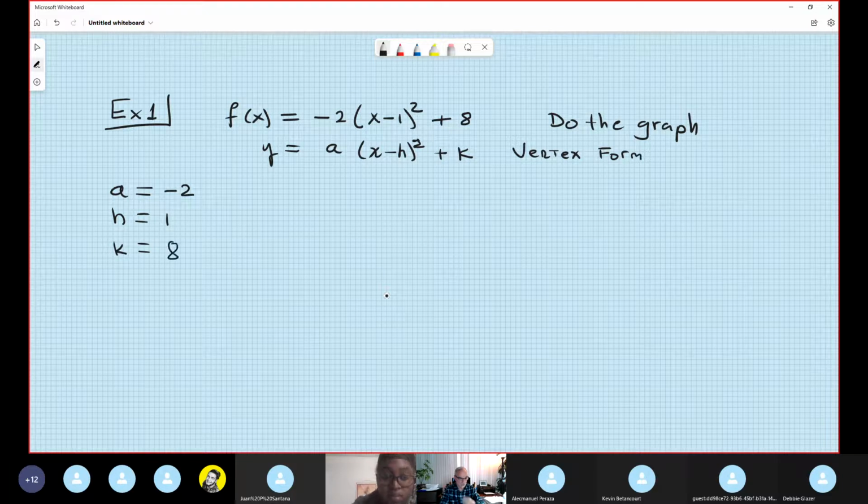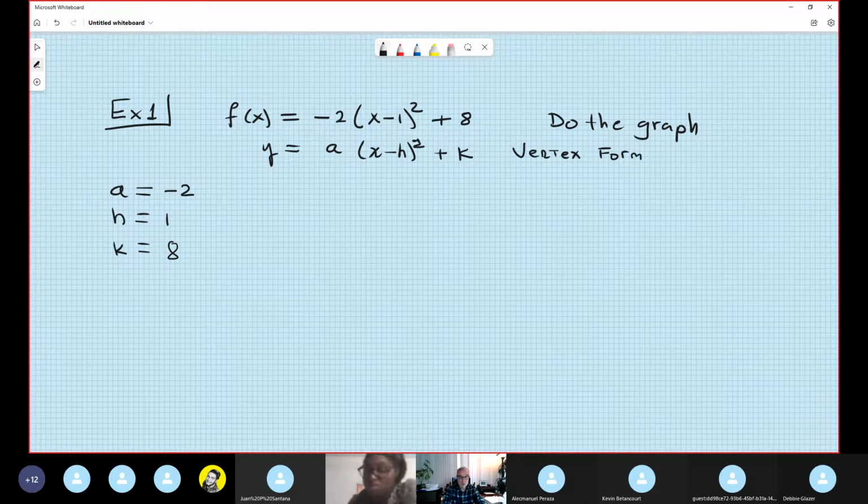So now, I ask you, in what direction does that parabola open? Upward or downward? Who is the parameter that gives me the control? Nobody knows?